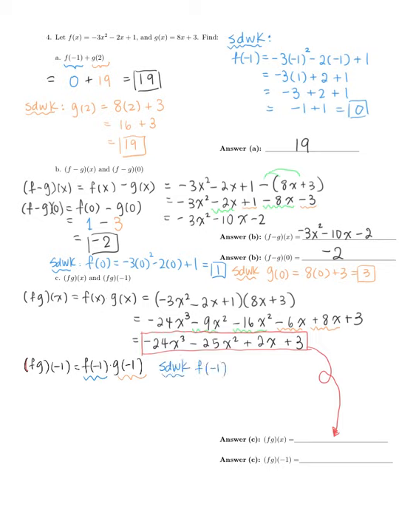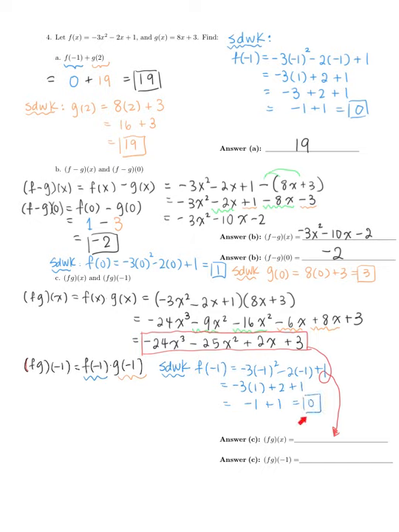I think we computed that in part A, no? But let's just do it again. You've got negative 3 times negative 1 squared minus 2 times negative 1 plus 1. So that's going to give us negative 3 times 1 plus 2 plus 1. So you're going to have negative 1 plus 1, which is going to be 0.